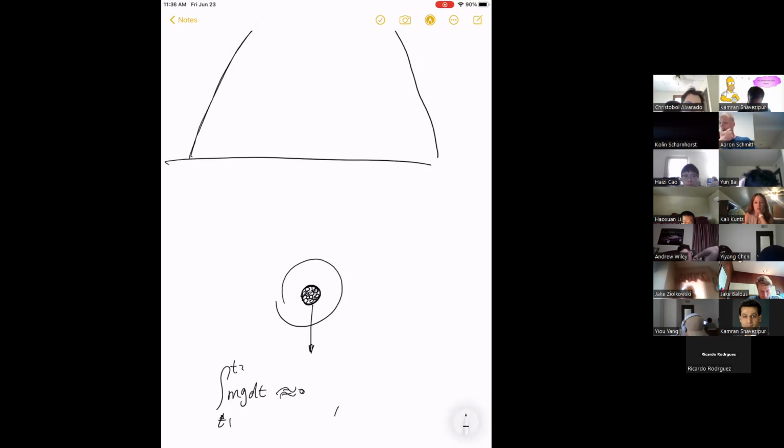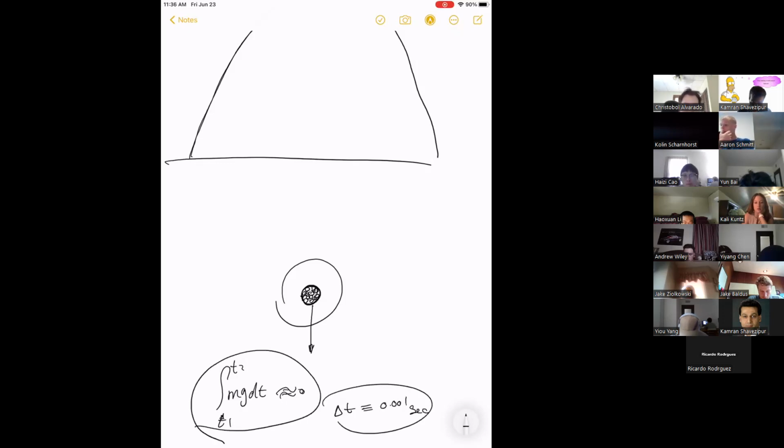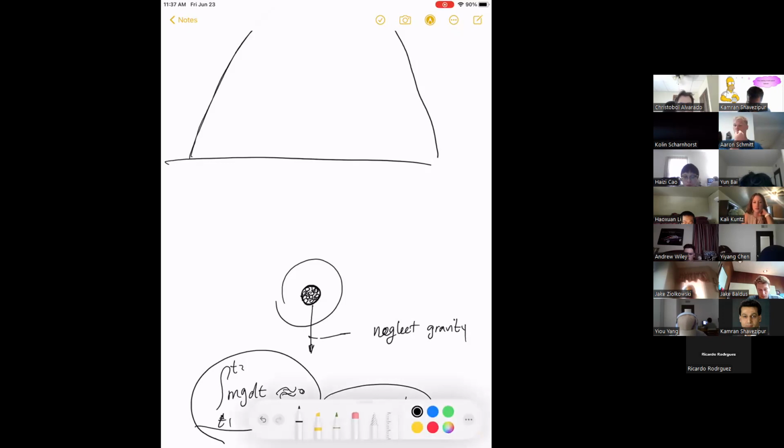Why? Because your delta t is like 0.0001 second or something. This is a much smaller impulse compared to the explosion forces they apply on one another, right? So if you neglect gravity, we actually don't neglect gravity, we neglect the gravity's impulse, because this delta t is very small.